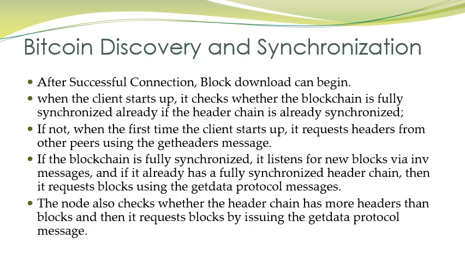After establishing the connection, block download will begin, and when the node starts, it checks whether the blockchain is already fully synchronized. The new node will try to get the copy of the blockchain from the other node, and first it will check whether that remote node has the full copy of the blockchain, whether that copy is fully synchronized, up to date or not.